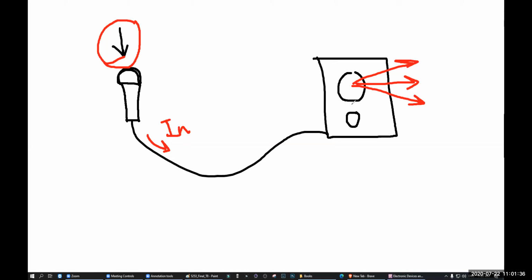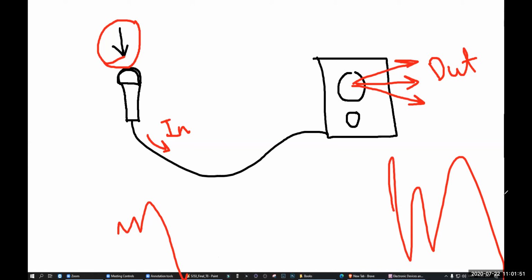No, not speaker. Speaker is the output device, but the output is the voice, the sound. So this is the output. Got my point? Maybe your input is like this, and your output will be like this, big. Understand?